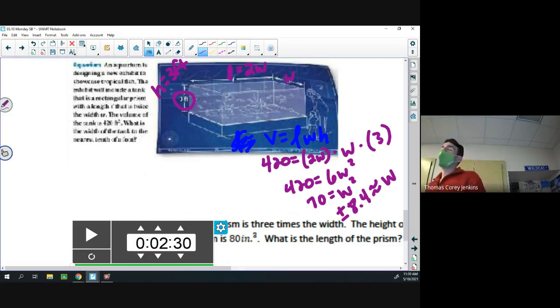Now, on these word problems, they want you to put it into context. So if we're talking about the width of a rectangular prism or the width of anything, which one of those two solutions makes absolutely no sense? The positive one or the negative one? Can we have negative feet? No, right? So the negative one doesn't really apply.